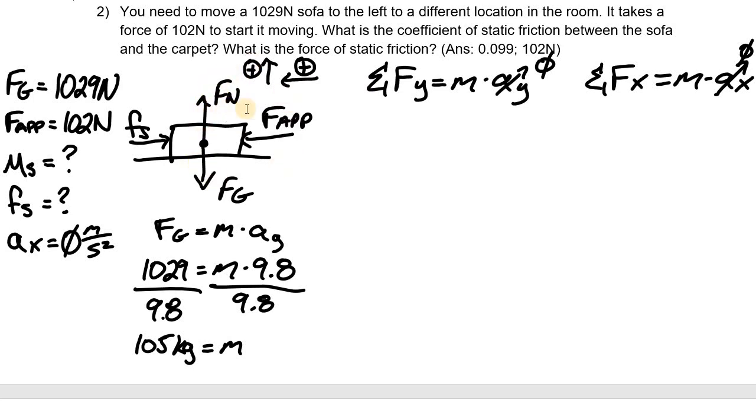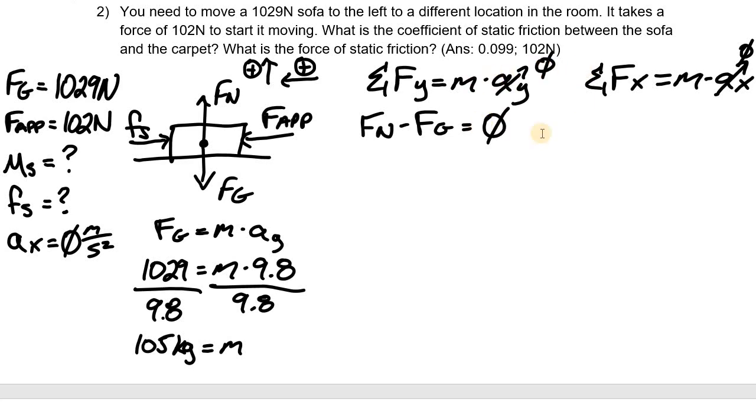Well, the normal force, so that's going to be a positive force. Are there any other forces moving upwards? No. What about all the forces going downwards? Our force due to gravity, so that's going to be a negative force. And 0 times any number is also going to equal 0.